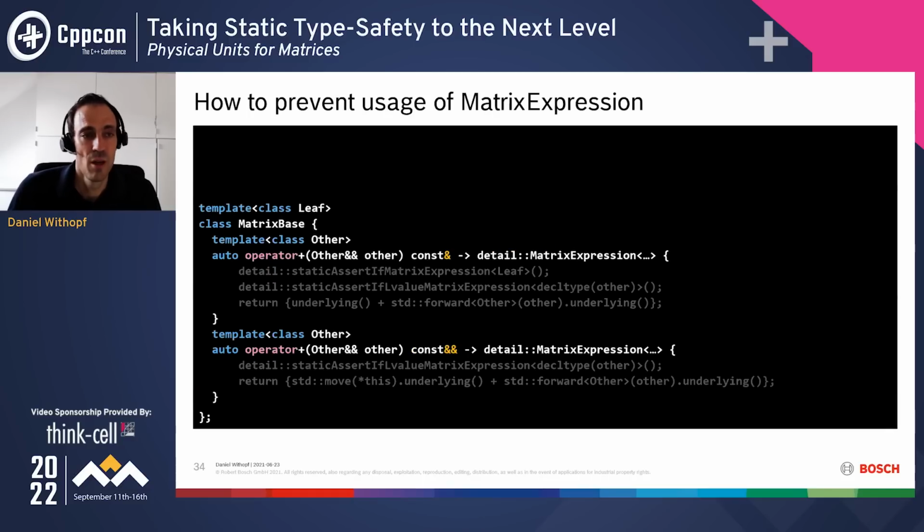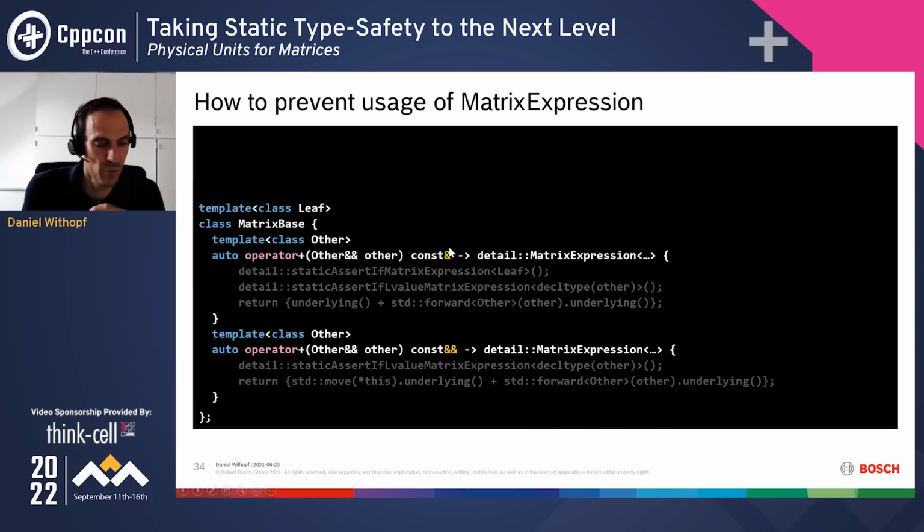Now I want to show how we can prevent this problem. The idea here is to prevent the usage of such a matrix expression as an lvalue. So whenever we have a named variable that contains such a matrix expression, and we want to call a method on that, this is something that we can prevent. This example again shows the addition operator. To implement our check, we now need two overloads of that addition operator.